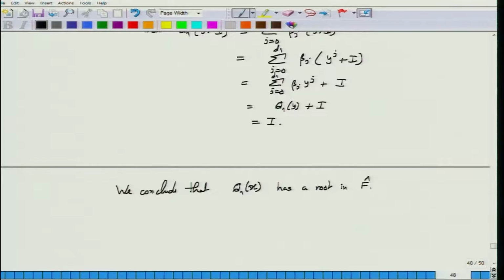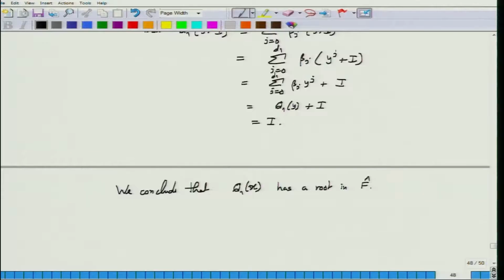So Q1 further factors in f hat. So I can write Q1 as its irreducible factorization in f hat. At least one of those factors is linear. But there may be still some higher degree factors. So we can repeat this whole exercise with the higher degree factors.